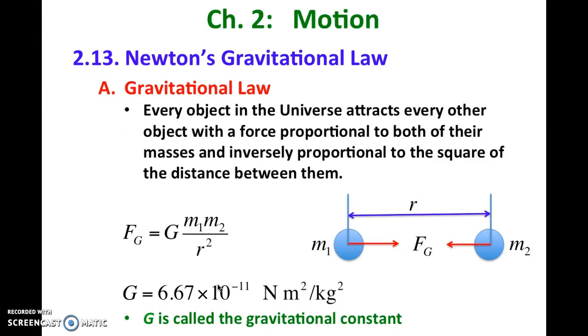In addition to the three laws of motion, Newton's other significant work is the gravitational law. This law tells us every object in the universe attracts every other object with a force proportional to both of their masses and inversely proportional to the square of the distance between them.